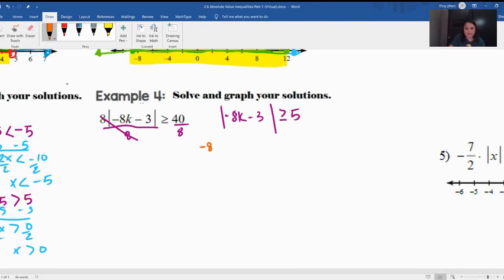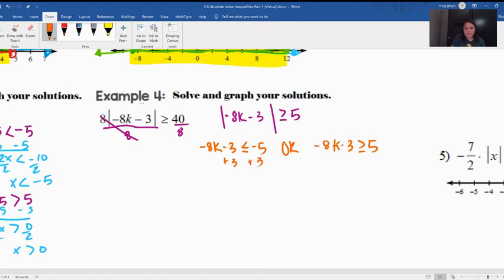So here we have negative 8k minus 3 is less than or equal to negative 5, so that's my case 1. Or it could be negative 8k minus 3 is greater than or equal to 5. So then we're going to solve for these.